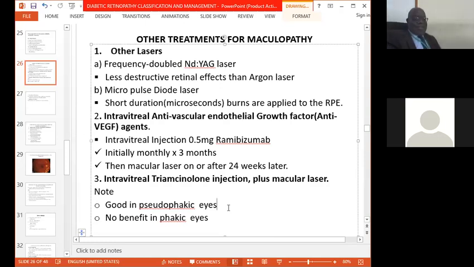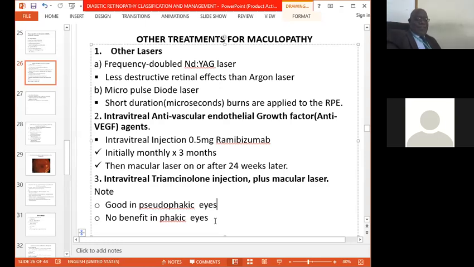Intravitreal triamcinolone injection plus macular laser is good in pseudophakic eyes because there's just an artificial lens there. There is no benefit in phakic eyes, those who still have their own original lens. Pseudophakic, they've got an artificial lens. Phakic, they have their natural lens.